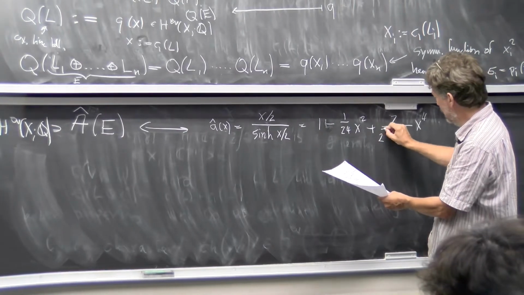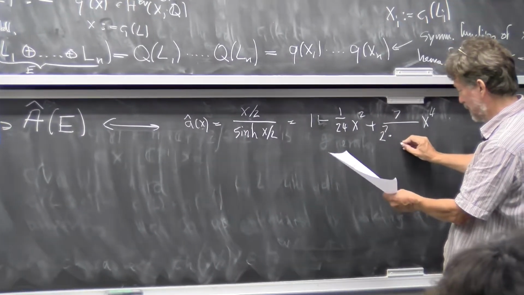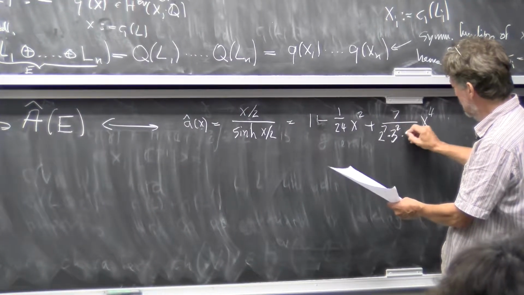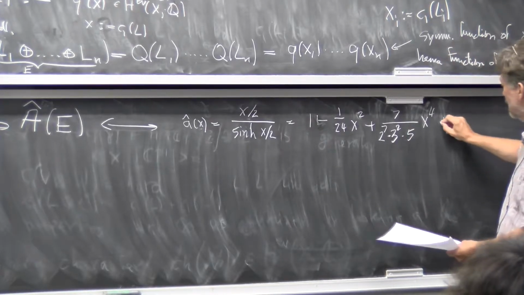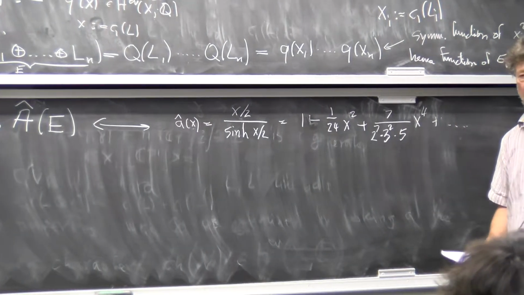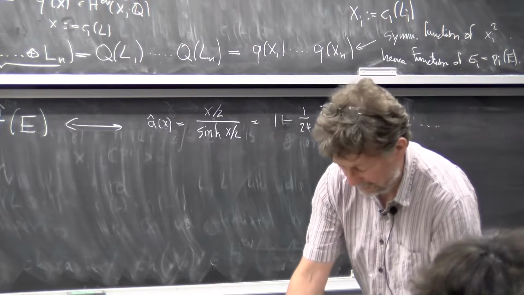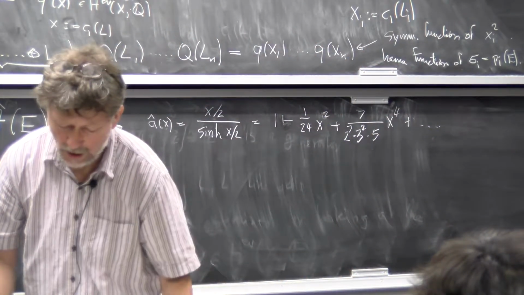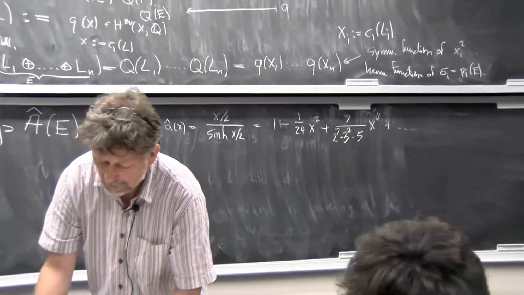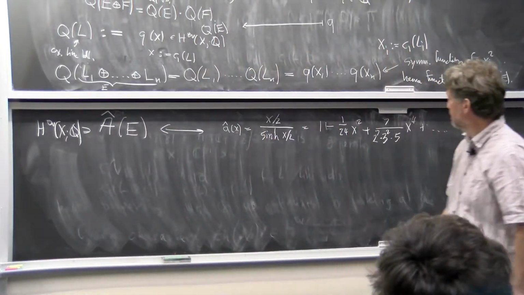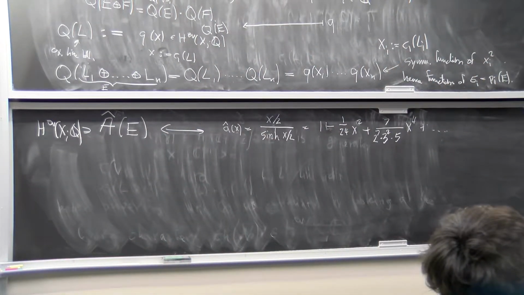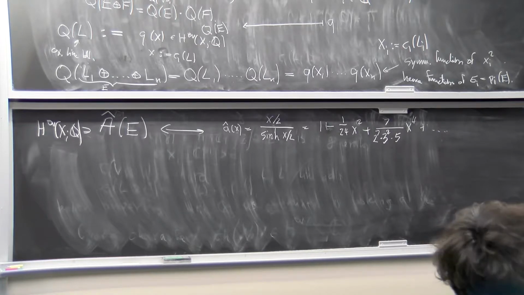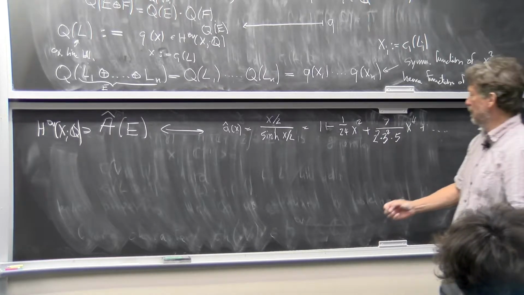So it's 2 to the 7 times 3 squared times 5. So it has very interesting denominators here. Okay, so that makes clear what all the terms in this proposition mean.